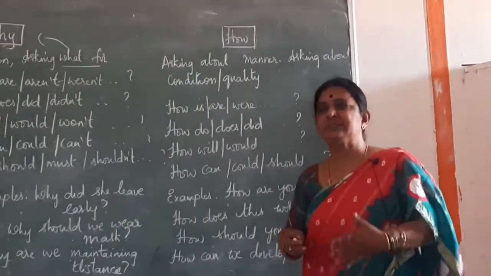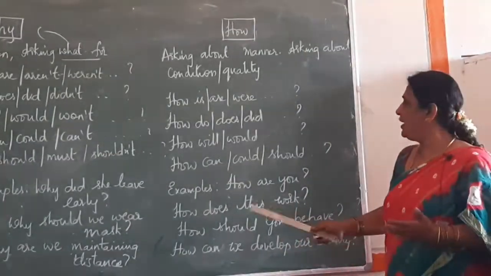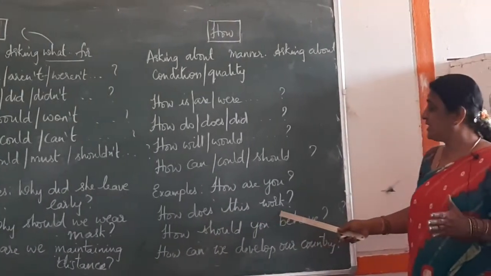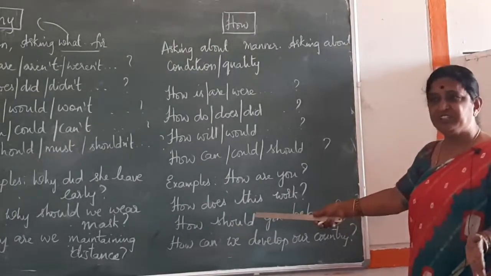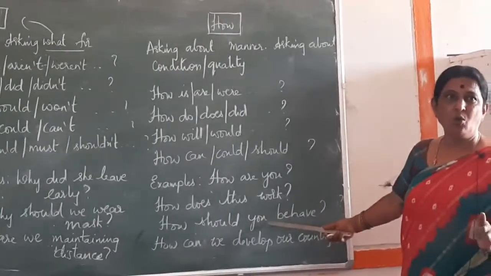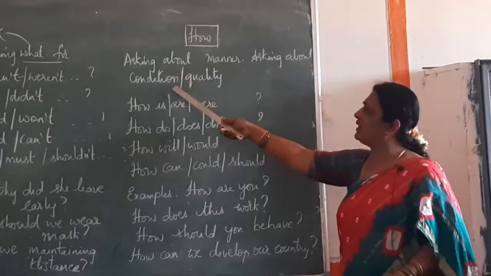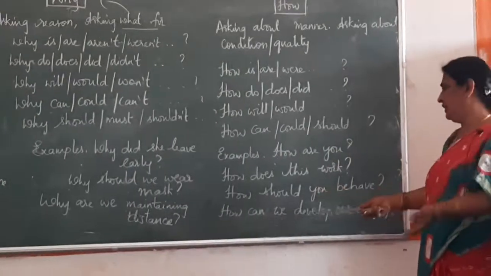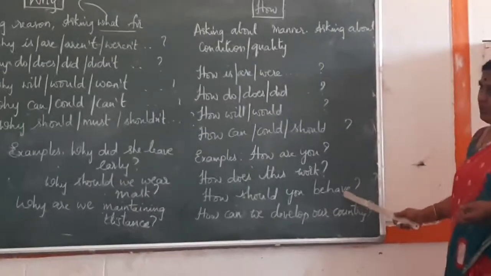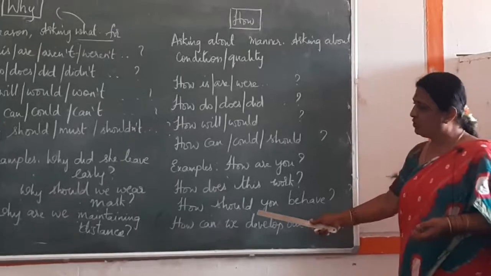So, you are discussing among yourselves and you are asking how does this work. What about this? How does this work means how efficient this idea will be. How efficient. Efficient is nothing but condition. Efficient means condition. Even worse also is a condition like that. How should you behave? One more example, how should you behave?